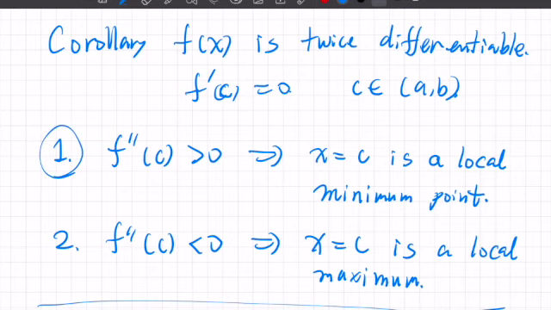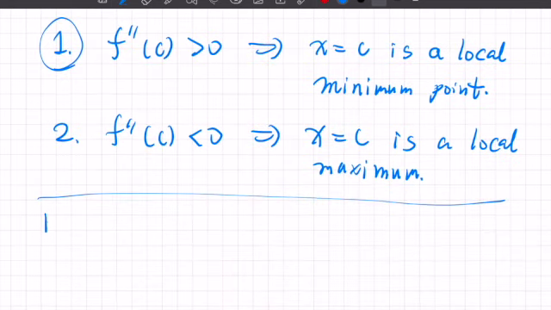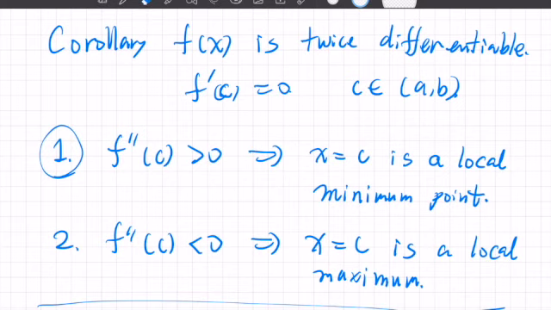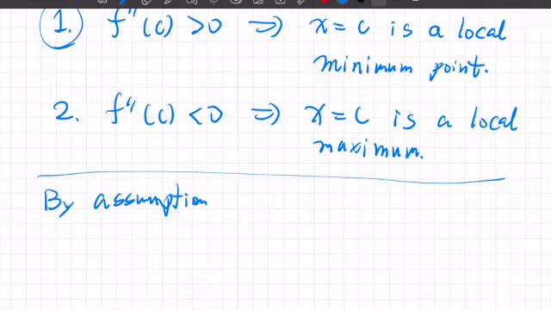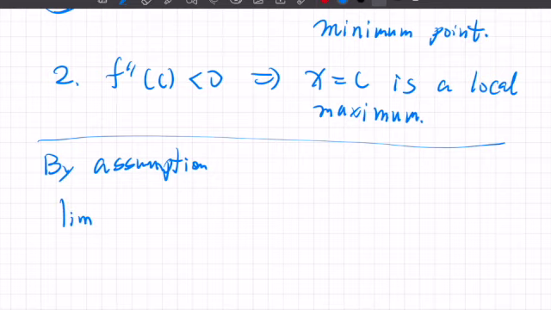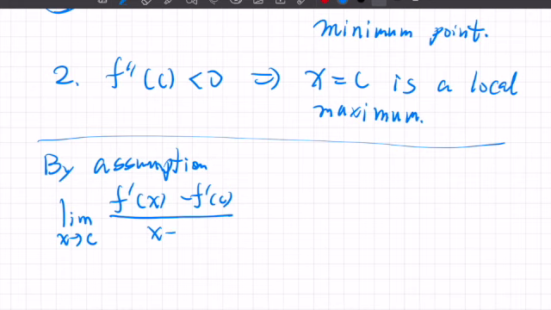So let's start. First of all, by assumption, so we calculate the second derivative according to the definition. So that is the limit x approaches c of f prime of x minus f prime of c over x minus c.